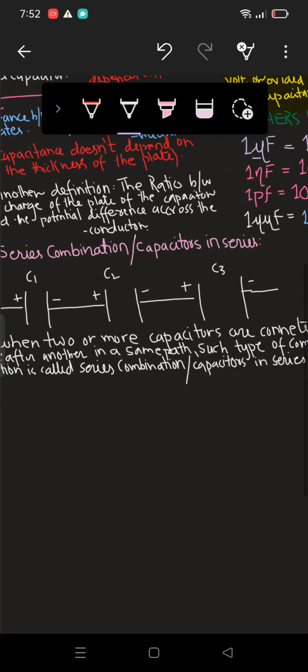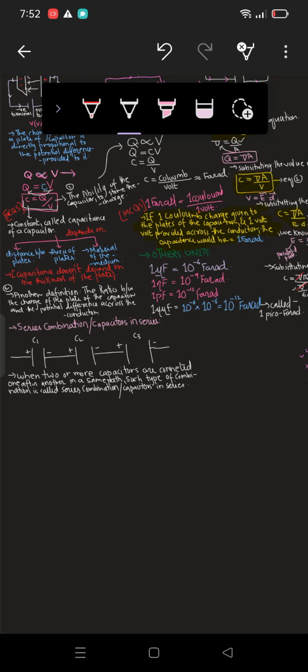Now let's read this definition and apply it to the diagram. When two or more capacitors, which means we don't need to take just one capacitor; we need to take two or more. We can take two or three or four capacitors connected one after another. Here we have taken three capacitors.